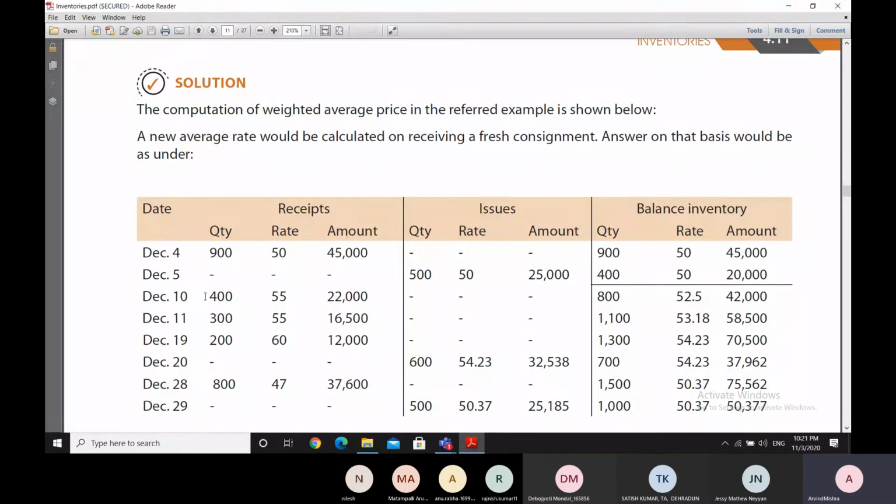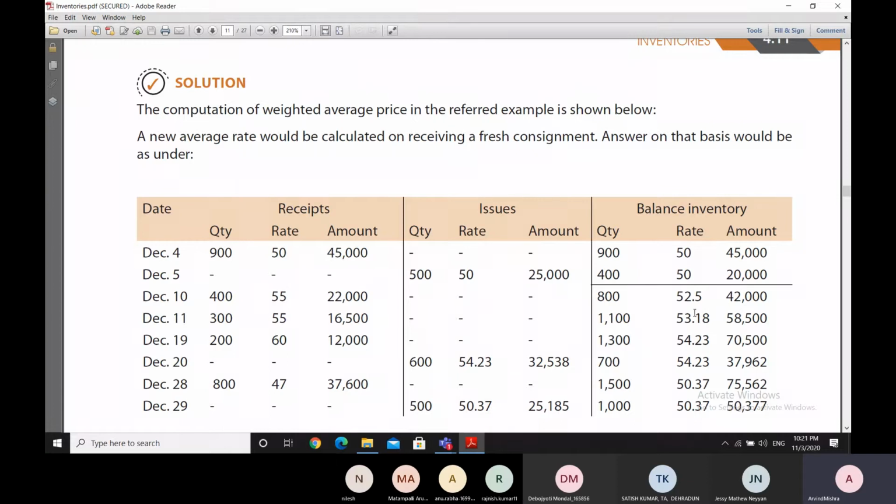Thereafter, on December 8th, again we are receiving 400 units at the rate of 55, and nothing has been issued. So 400 is added to this 400, total is 800, and this rate was 55, earlier rate was 50.